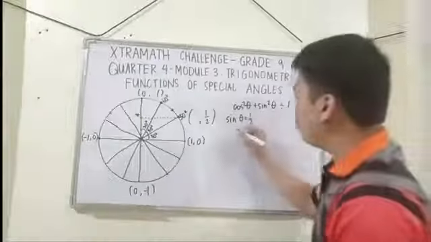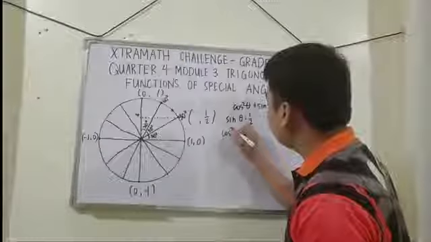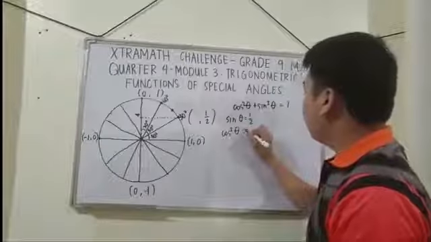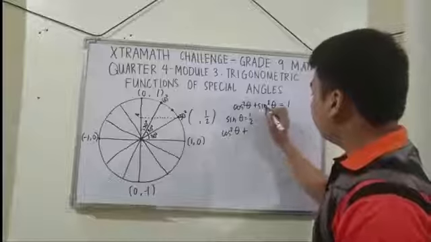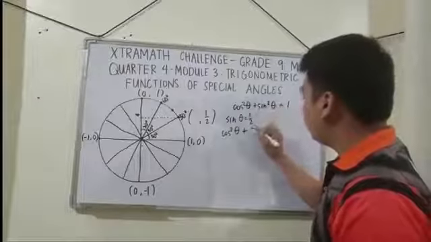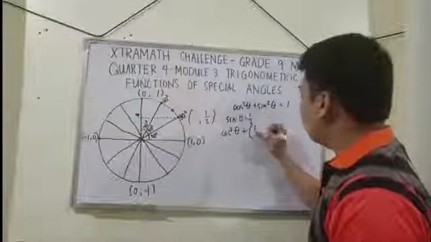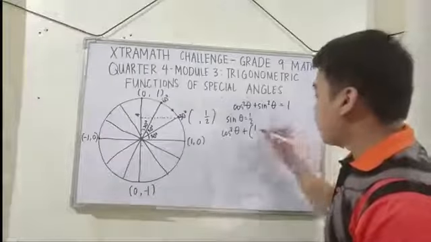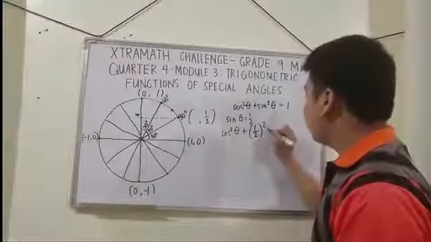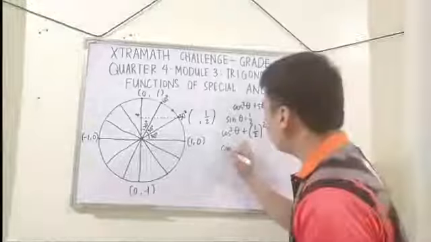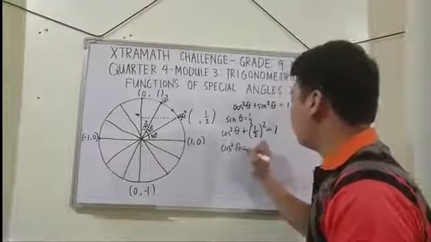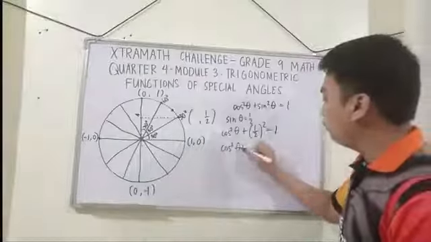So by substitution, we have cosine squared theta plus sine theta squared, so that is 1/2 squared, equals 1. So cosine squared theta is equal to 1 minus 1/2 squared.